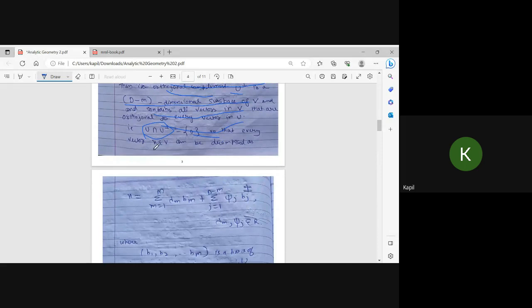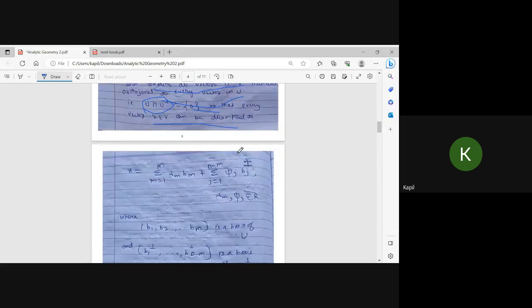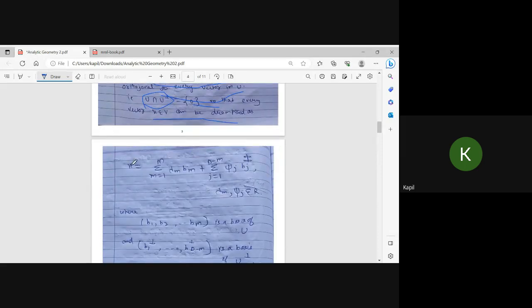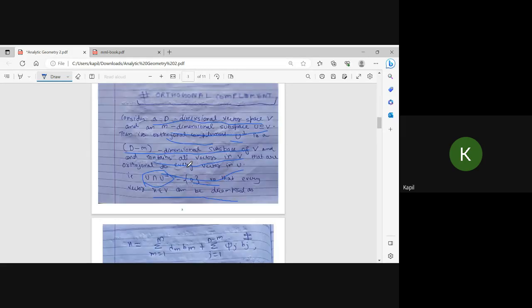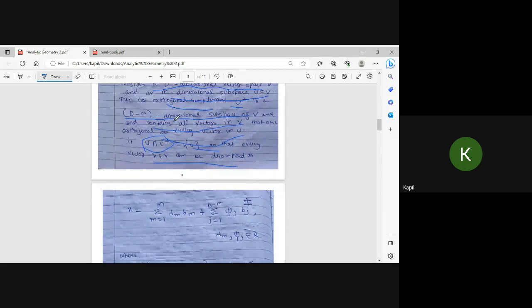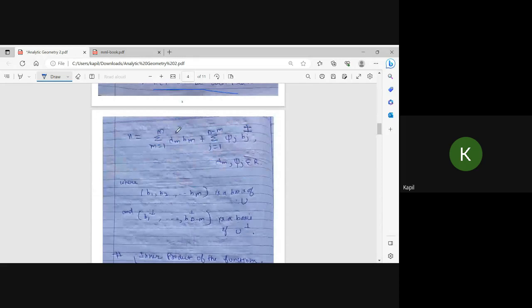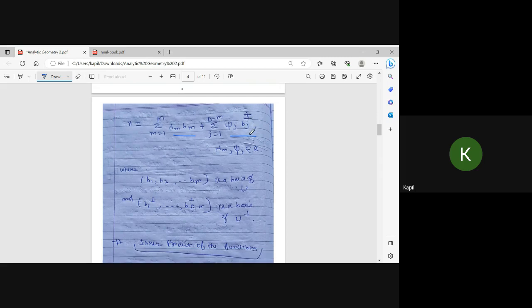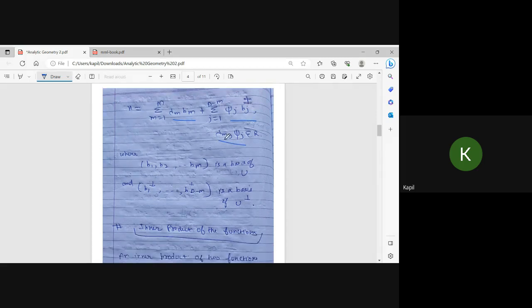So every vector x can be decomposed as the summation of m from 1 to M, where M is the dimension of the subspace U, of lambda m bm, plus the summation of j from 1 to d minus m of psi j bj complement, where lambda m and psi j are any real numbers.